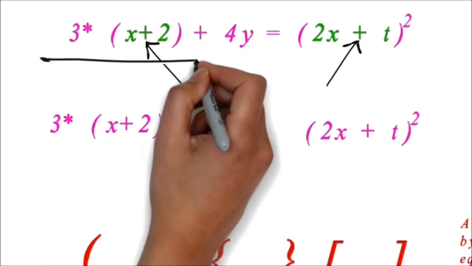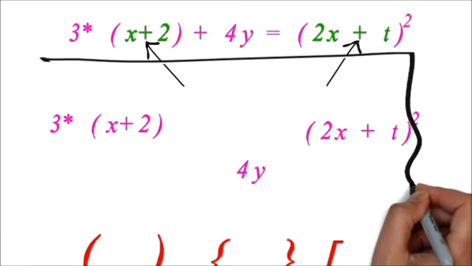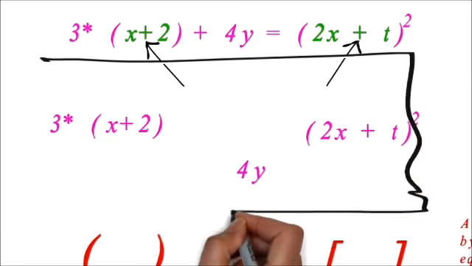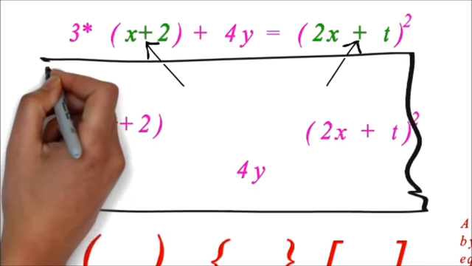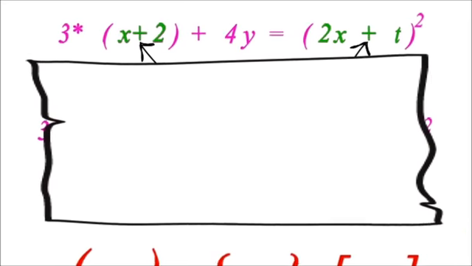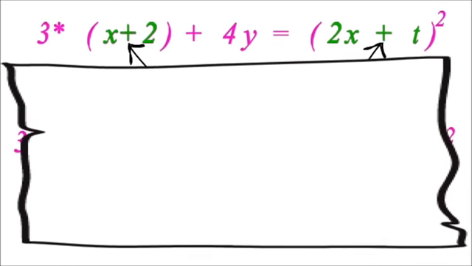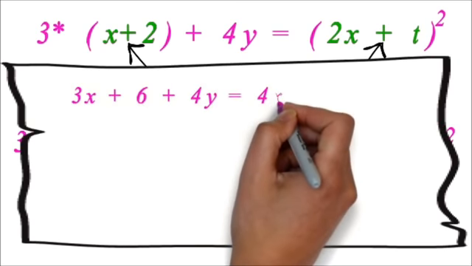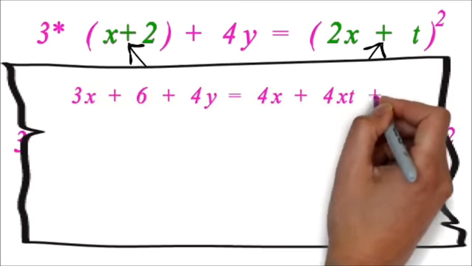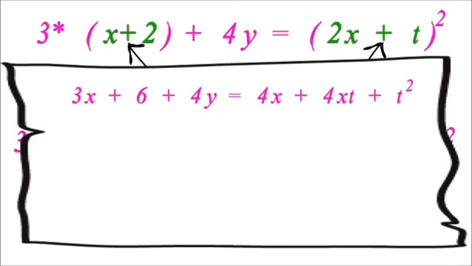If all you are doing is finding the terms, it will be a good idea to expand to get the individual terms. After expanding, 3 times in parentheses x plus 2 plus 4y equal 2x plus t all squared, we would have 3x plus 6 plus 4y equal 4x squared plus 4xt plus t squared.